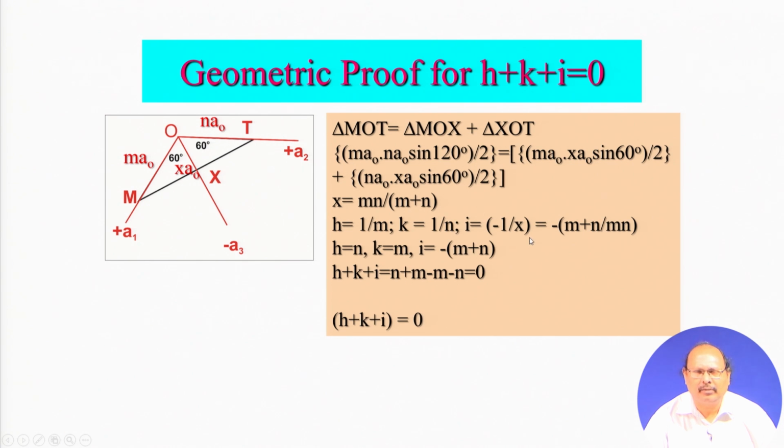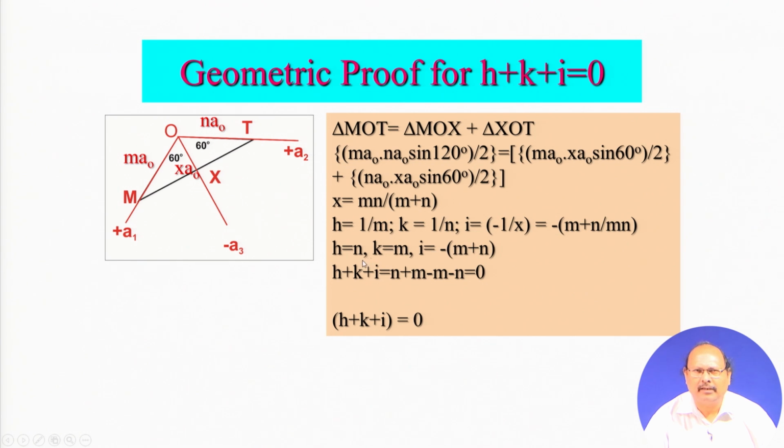So, x is in the denominator, then it becomes minus m plus n divided by mn. Now, if we clear the fraction, you multiply with mn. So, h becomes n, k becomes m, and i becomes minus m plus n.